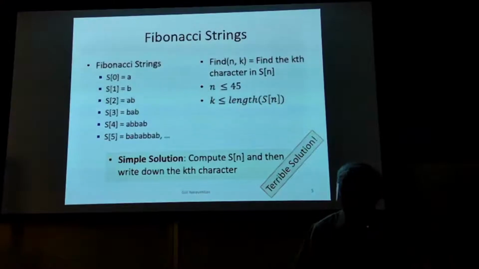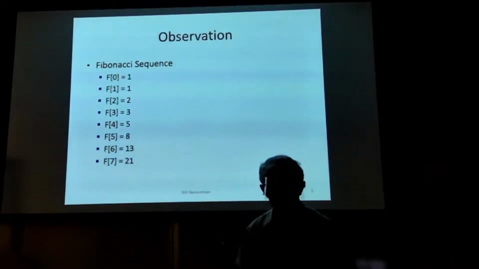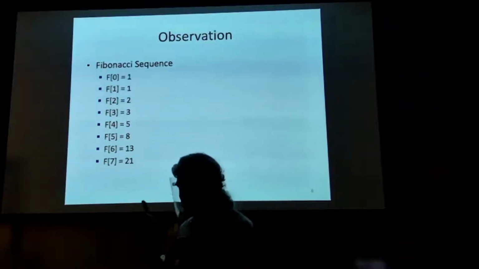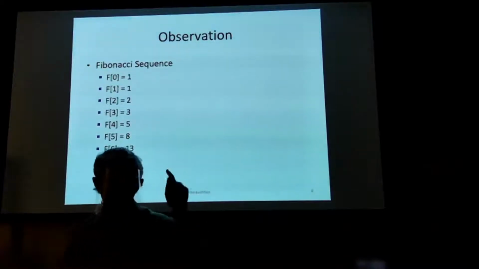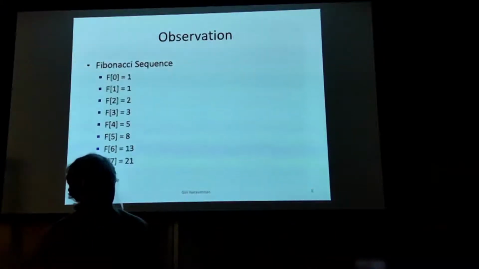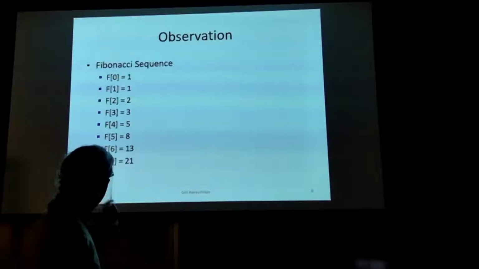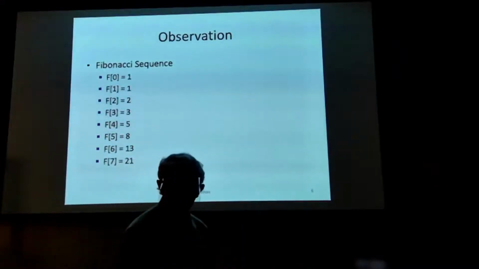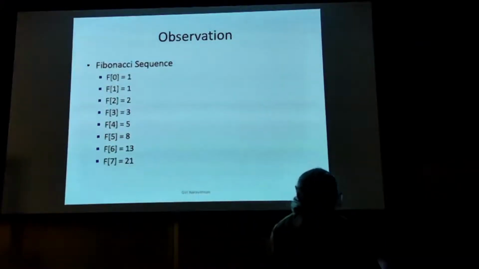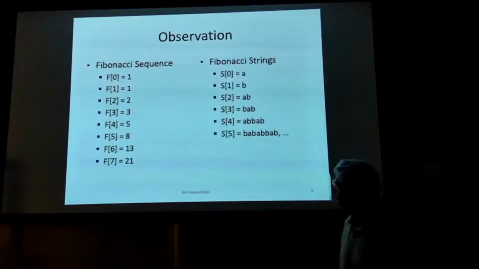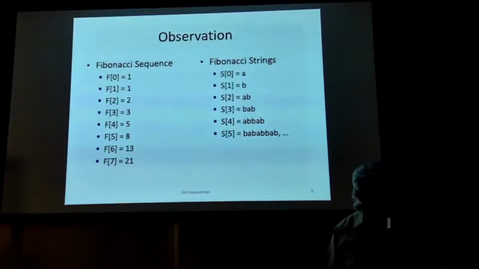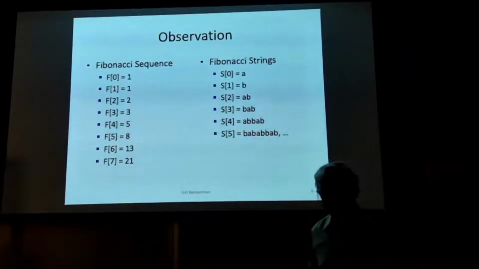It turns out that the first thing you have to do is to find the parallel between the Fibonacci strings and the Fibonacci numbers, the Fibonacci sequence. So let me remind you what the Fibonacci sequence is, and let me remind you what the Fibonacci strings are. Now, what is the connection here?